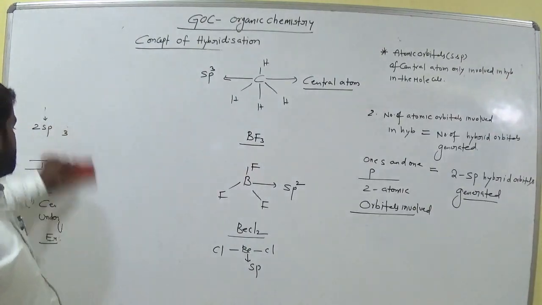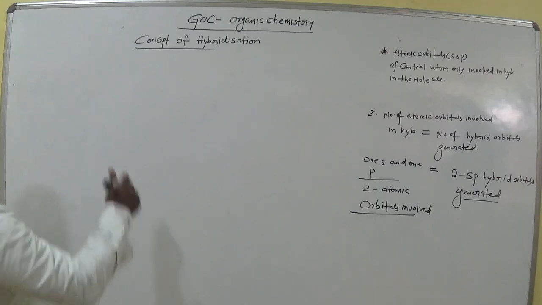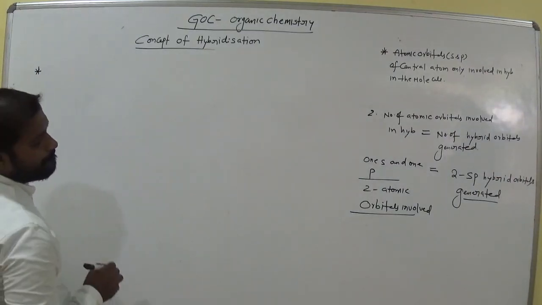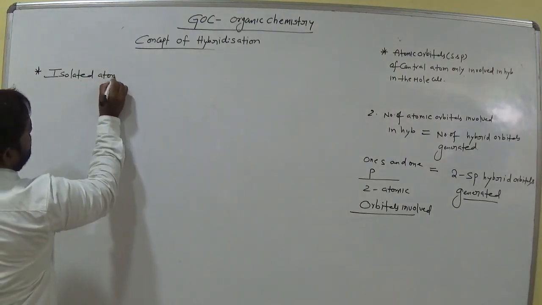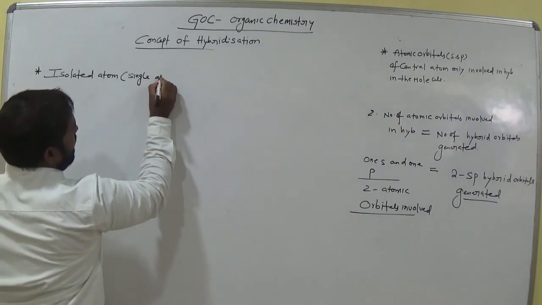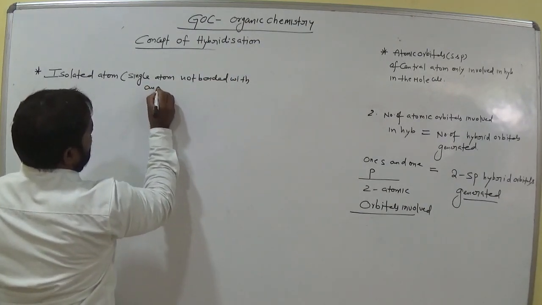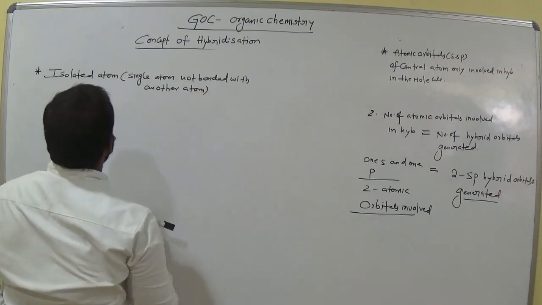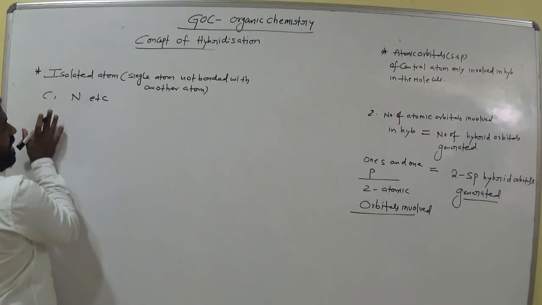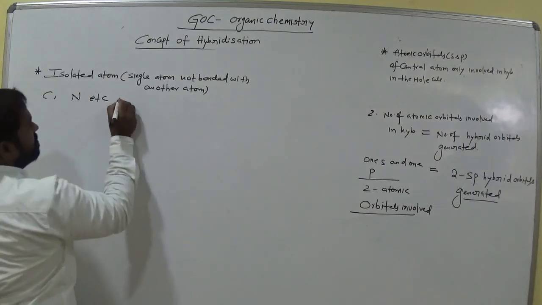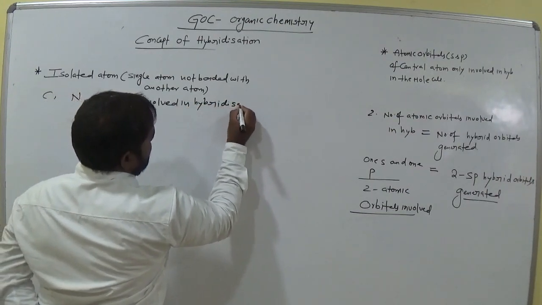So next point. Isolated atom means a single atom not bonded with another atom, like carbon, nitrogen, etc. Isolated atoms are not involved in hybridization.